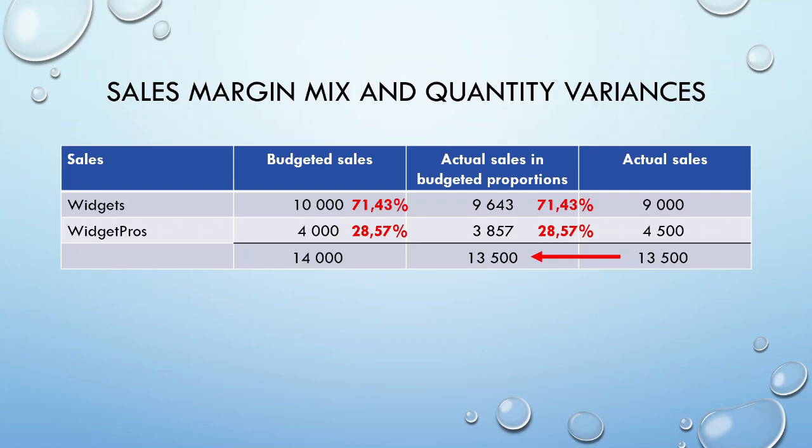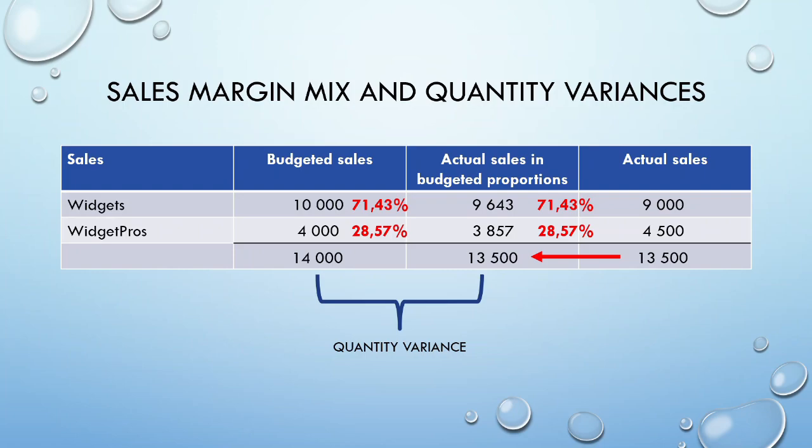We can therefore see that the difference between the first column and the middle column will represent our quantity variance. The mix has stayed the same at 71.43% for widgets and 28.57% for widget pros, but the total quantity has changed from 14,000 units to 13,500 units.